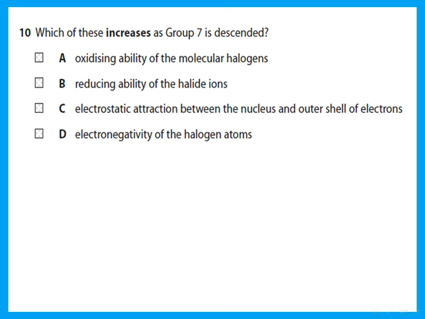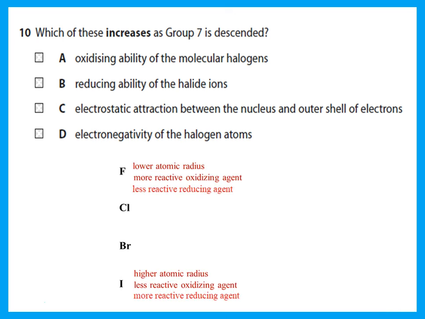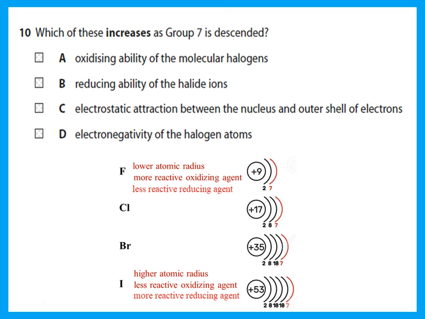So going down group 7, which of these is increasing? I'm going to remind you that going down group 7, if we look at group 7, the fluorine has the smallest atomic radius, so it is more reactive as an oxidizing agent and it is less reactive as a reducing agent.